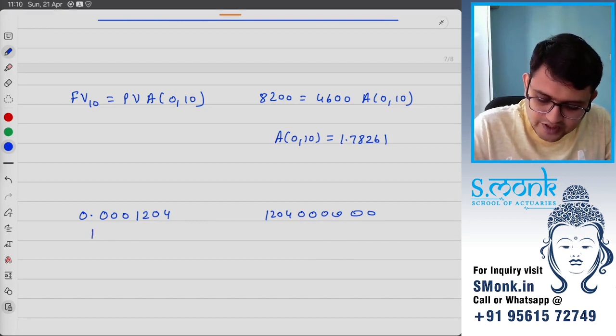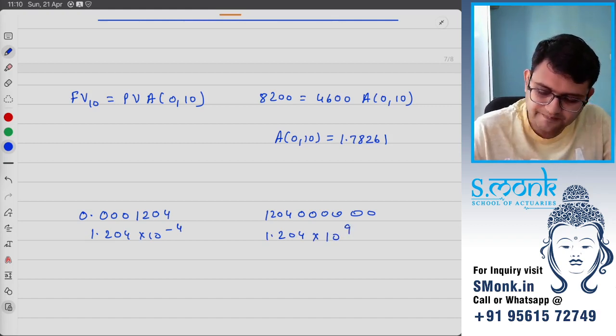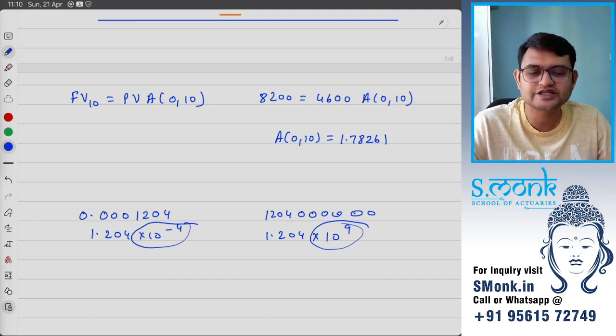So this can be written as 1204 into 10 raised to minus 4, and this can be written as 1204 into 10 raised to plus 9. So this 10 raised to does not count in the significant numbers.